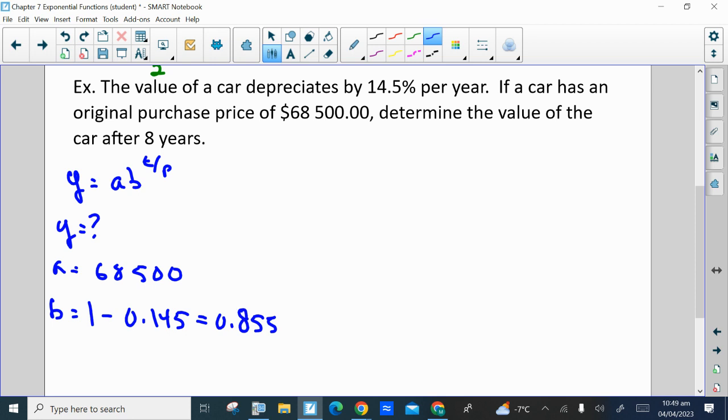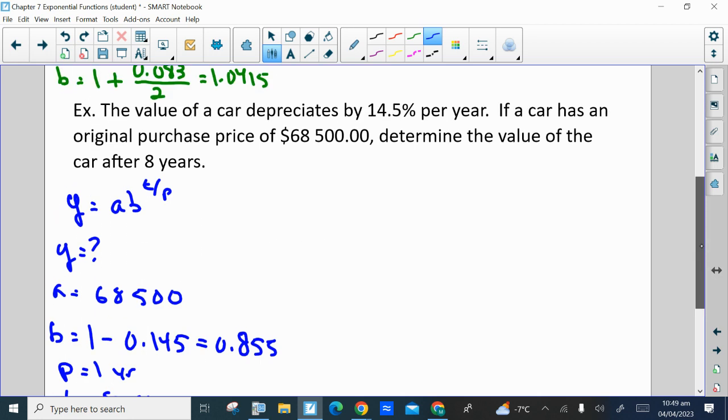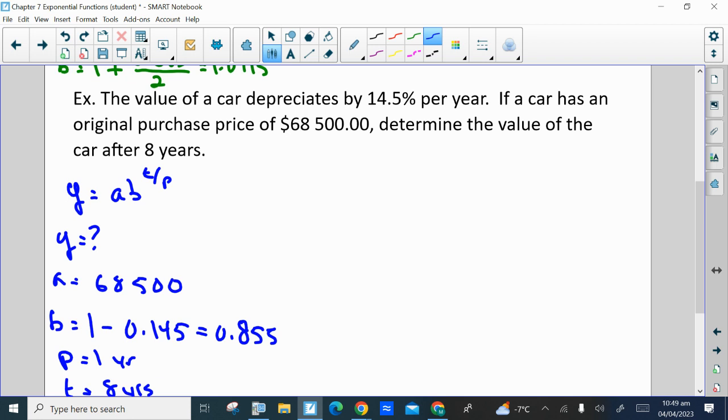Okay? And P, our growth period, will be every 1 year. And in this case, our time is 8 years. It's depreciating by 14.5% every year. That's why the growth period P is every 1 year.